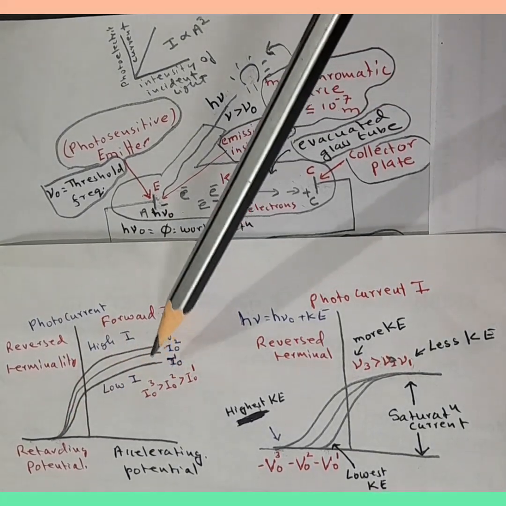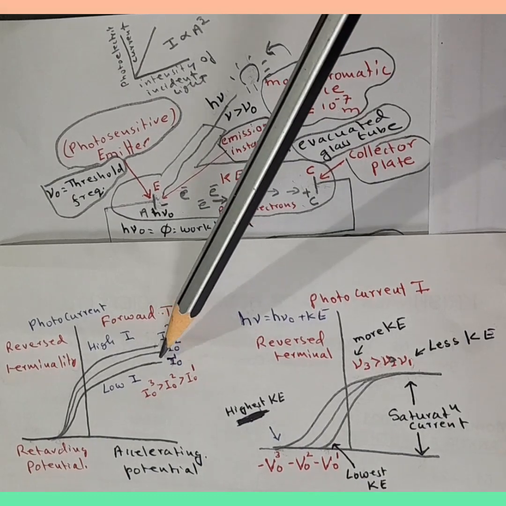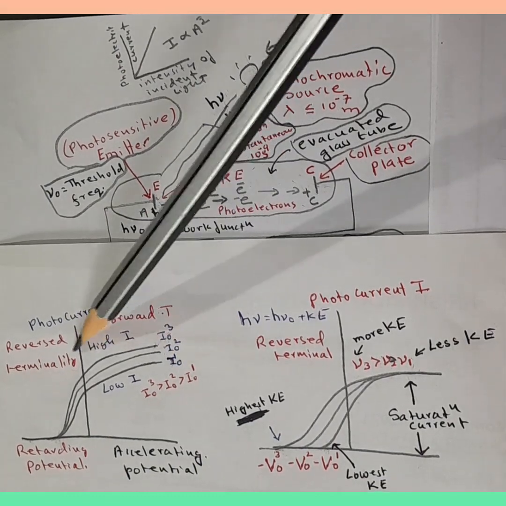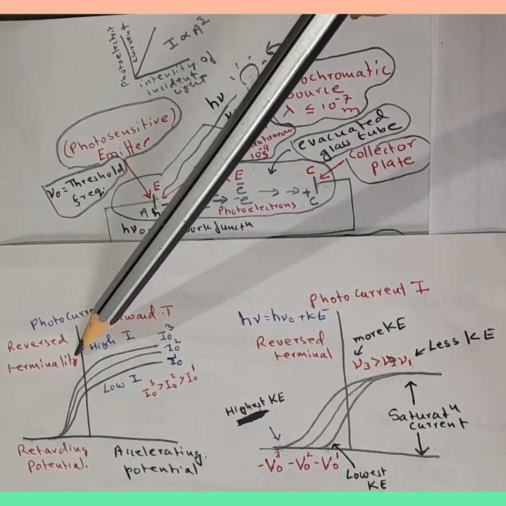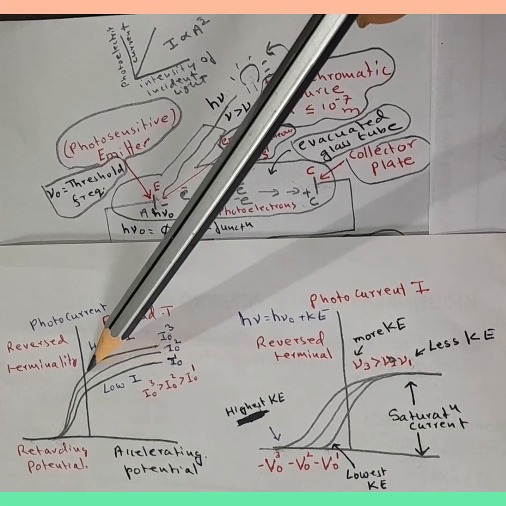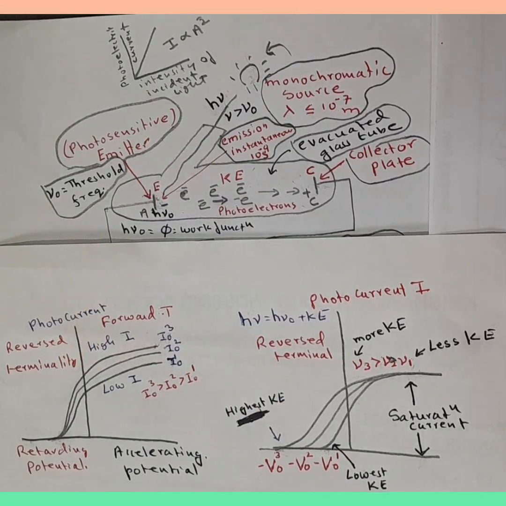With a difference in intensity, the photocurrent generated was different. For higher intensity, higher photocurrent was generated. For lower intensity, lower photocurrent was generated. So please keep these things in mind for your MCQ purpose.